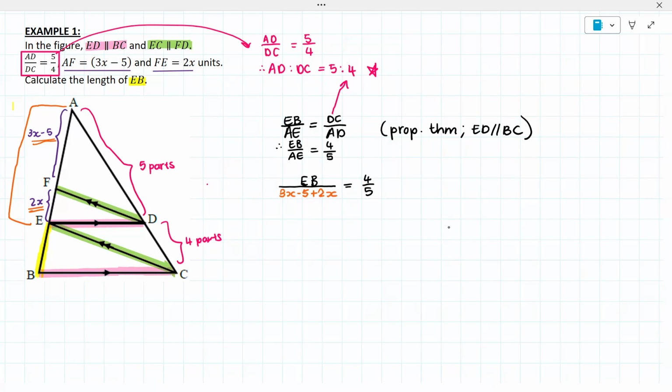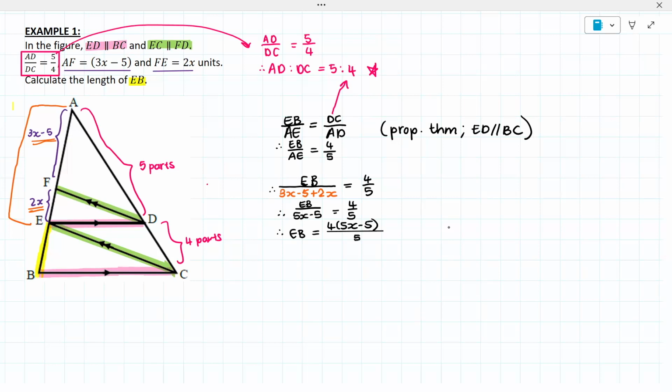We're starting to solve for EB. Hopefully some of you can already see what the issue is, but we'll get there in a second. We can simplify that denominator. So this would be EB over 5x minus 5. And if you want to go a step further to solve for EB, which you're welcome to, EB is equal to 4 times 5x minus 5, all over 5.